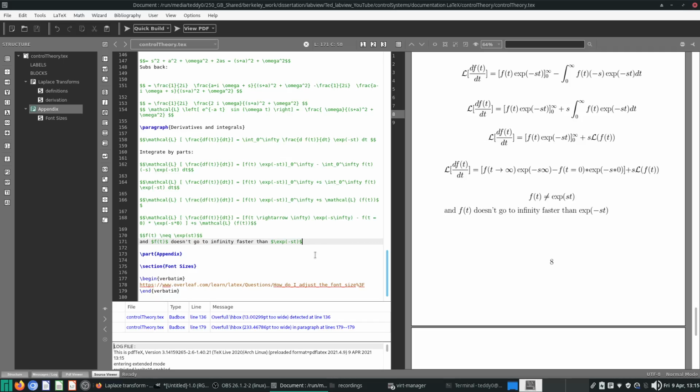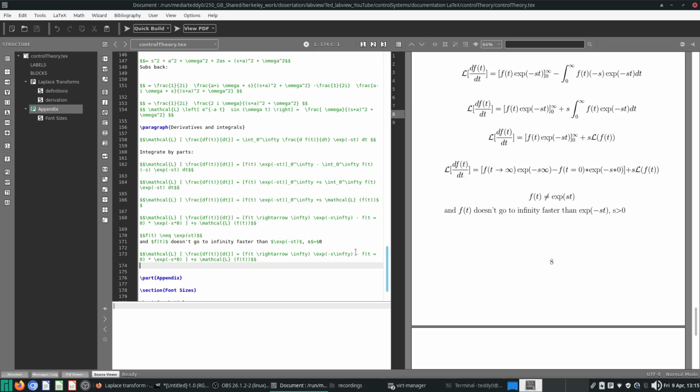But for well-behaved problems, f(t) is usually bounded as t goes to infinity, and that's fine. Of course, s should be more than 0. These are some things you have to take note of. When we derive it, it's more clear where they come from. So the first term will drop off under all these conditions.